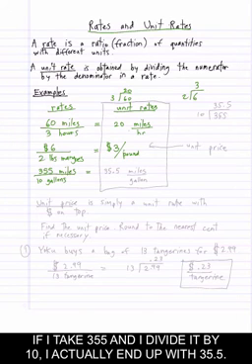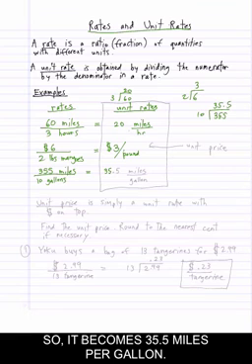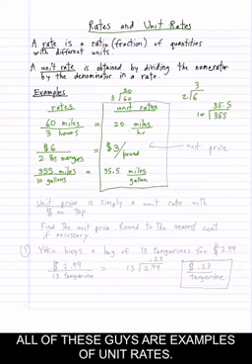If I take 355 and I divide it by 10, I actually end up with 35.5 miles per gallon. All of these are examples of unit rates.